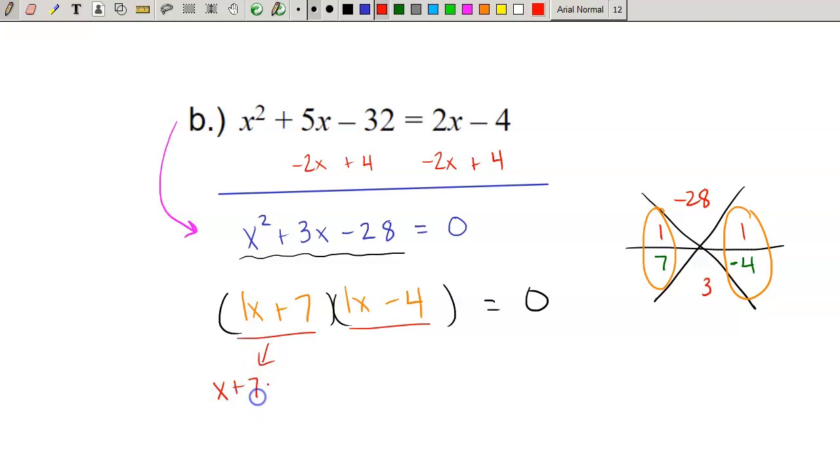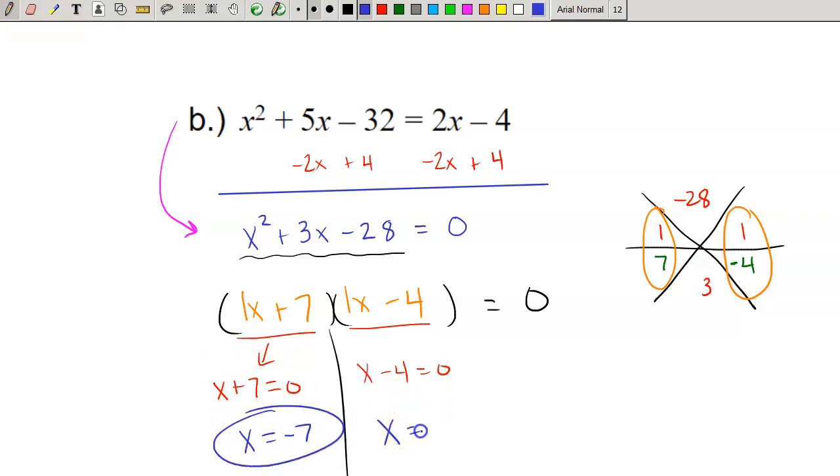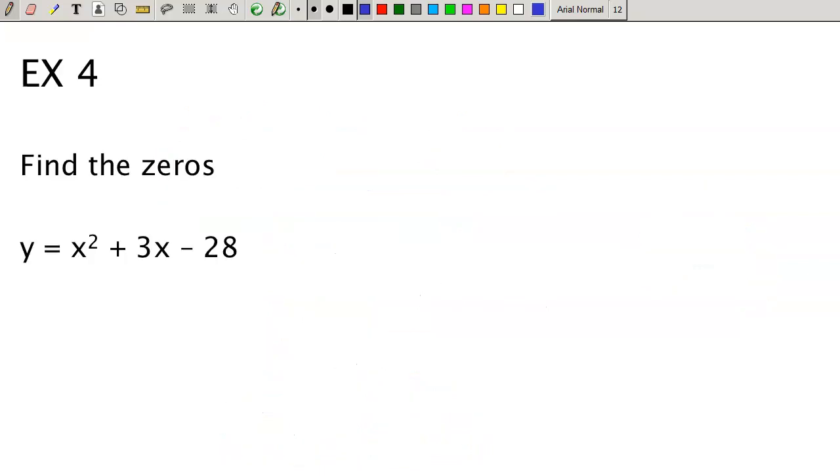So I have x plus 7 equals 0, one possibility. Or I have x minus 4 equals 0. And I can solve each one of those individually. So this first one right here, that means that x is -7. And over here, I get x equals 4. So those are my two answers.